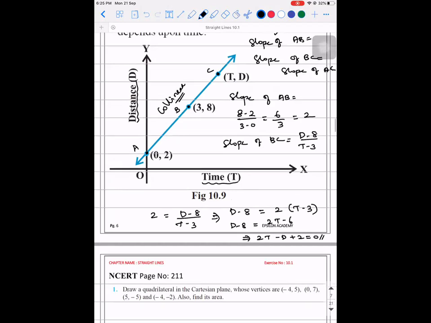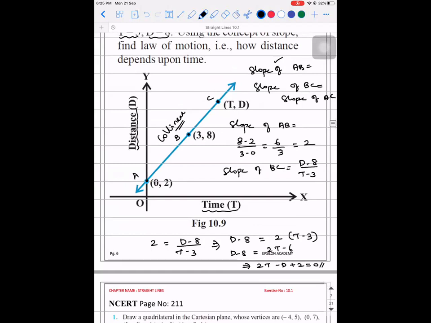So what did they ask? They asked us to find how the distance depends on time. So if they want the distance dependence on time, you can either write the answer as 2t minus d plus 2 equal to 0, or d is equal to 2t plus 2.